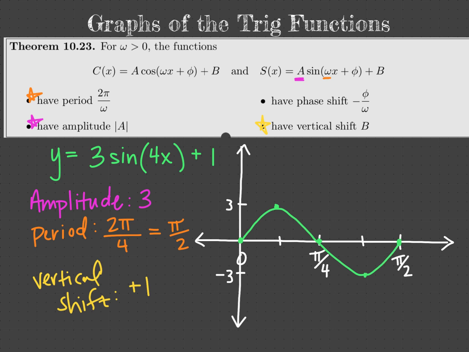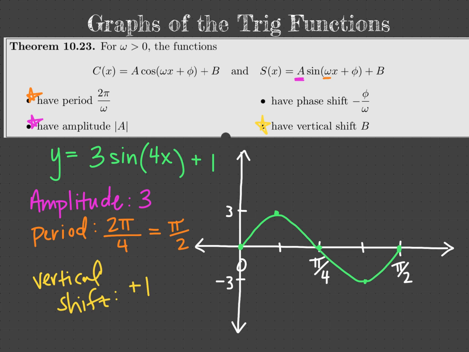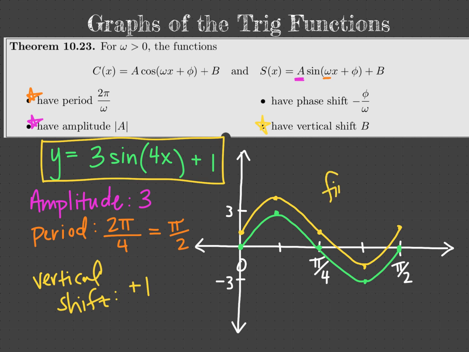And in order to do the vertical shift, we move all 5 points up 1 unit. So I will do that in yellow. So we'll move this coordinate point up 1, this one up 1, up 1, up 1, and up 1. So this is what our final graph looks like. That is 1 cycle or 1 period length of this original graph here. So yellow is our final.